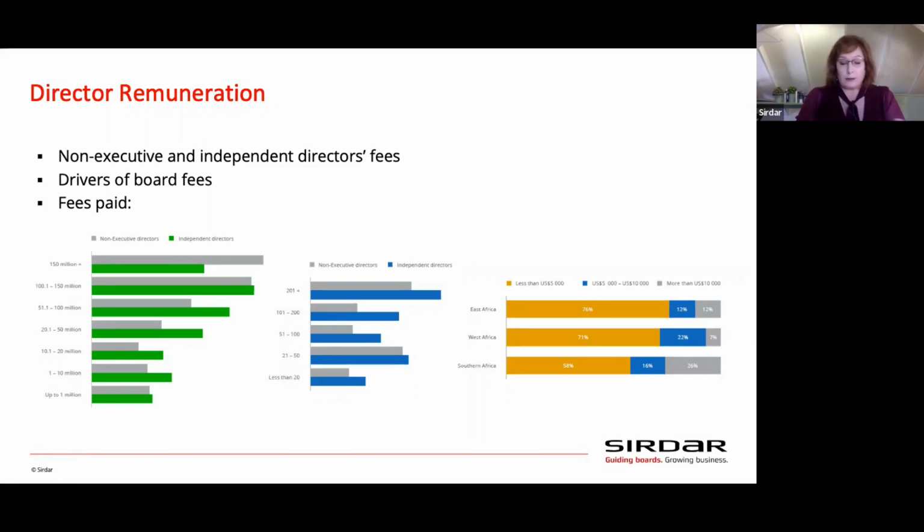Is that person the chairman or a non-executive director? That's when you start looking within the board itself at what the main distinctions are. Is that a chairman role or not? Recognizing the committee involvement is quite important to look at as well.